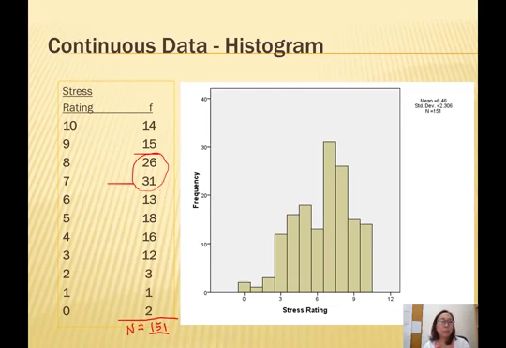So it looks like most people said 7 or 8, and that's probably pretty true for most people. Right? Maybe all of us thinking about our own stress level. Well, it's kind of a dangerous question to ask when you're talking about statistics, right? But that aside, people tend to be stressed.